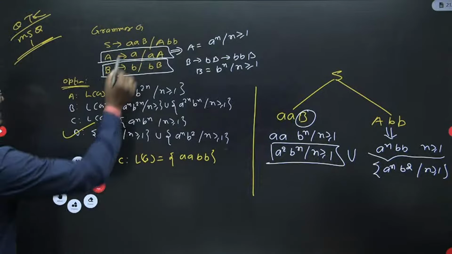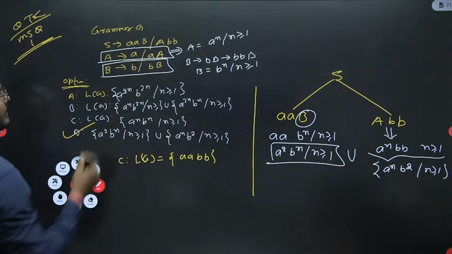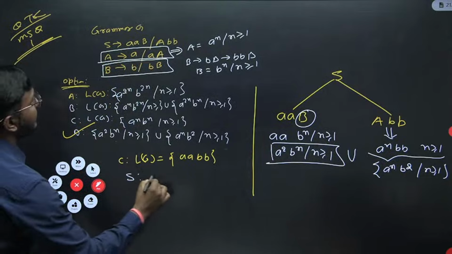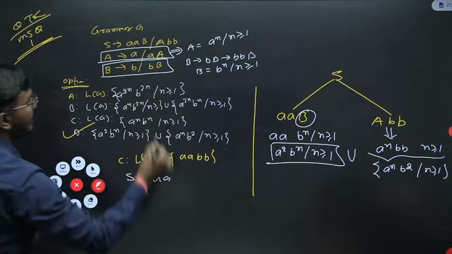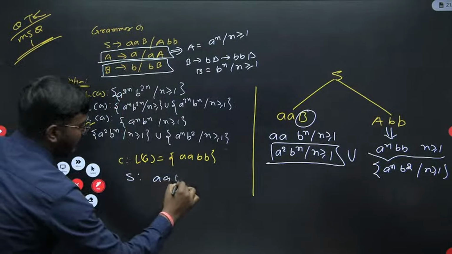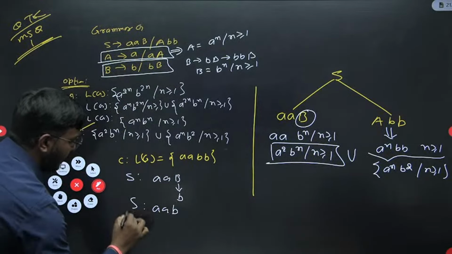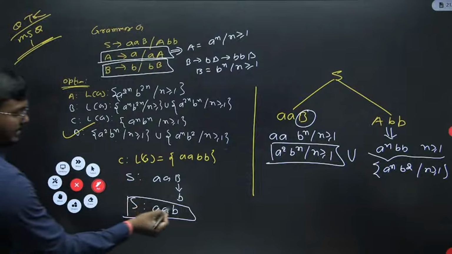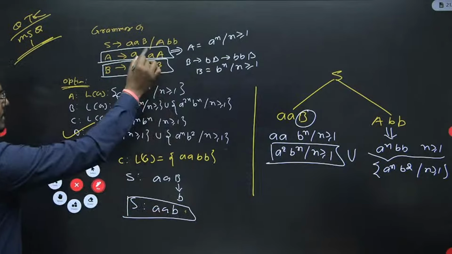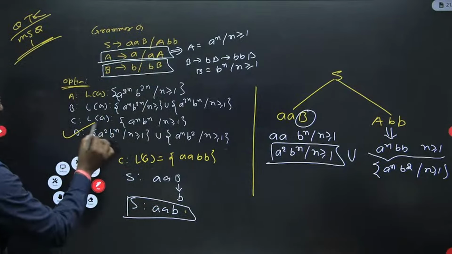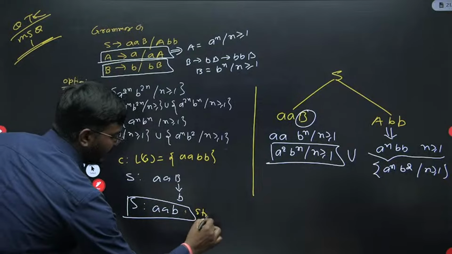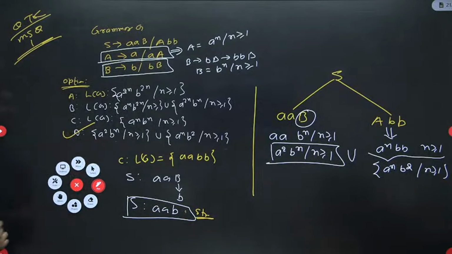Just check one grammar part here. S is generating a, and this B is nothing but a, substitute this B by b here. So S is giving a and b. If I take this example, this string is generated by the grammar, but it is not accepted by this language. Or we can say this string is not part of the option C language.